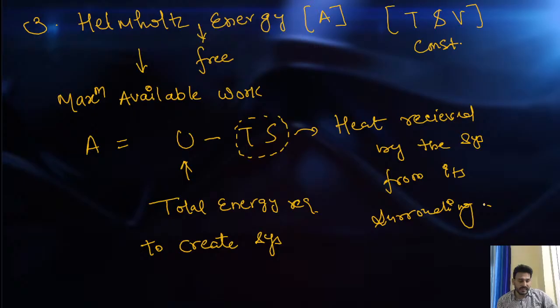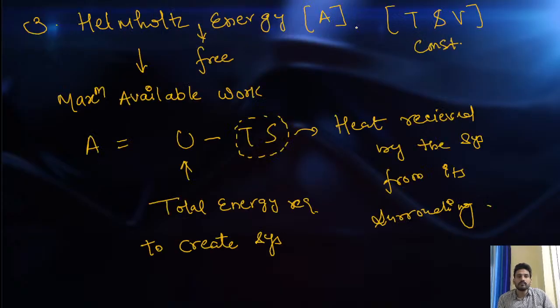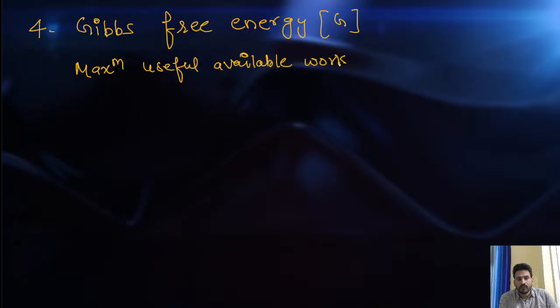Fourth will be your Gibbs free energy, denoted by the capital G. Okay? This is called maximum useful available work.